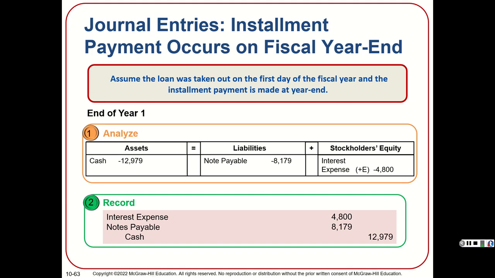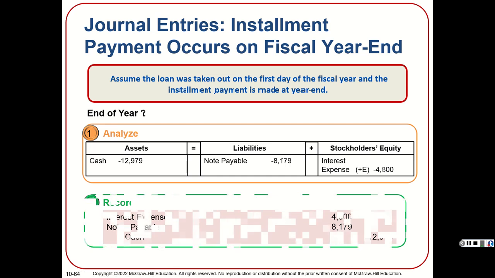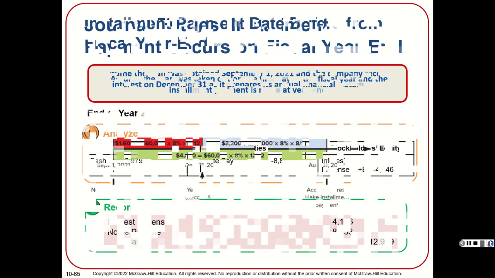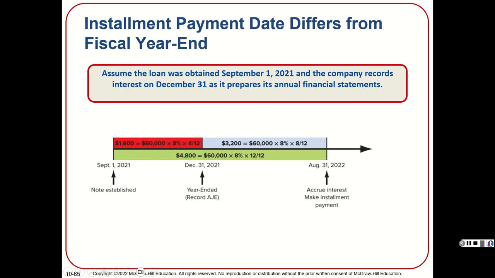In other words, we're paying down some of the principal of the note. In total cash, we've paid out $12,979. Year 2, the interest expense, the note payable, our cash outlay is the $12,979.